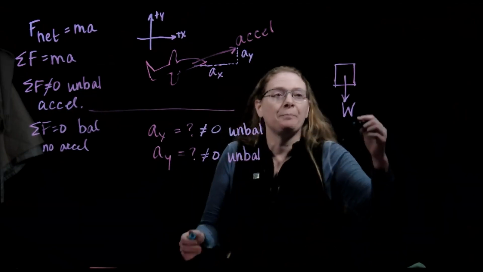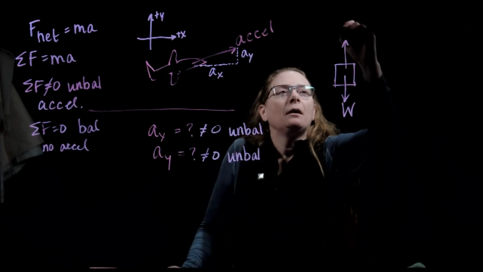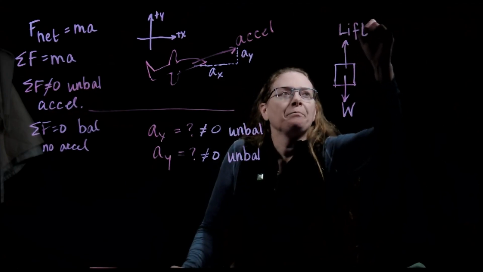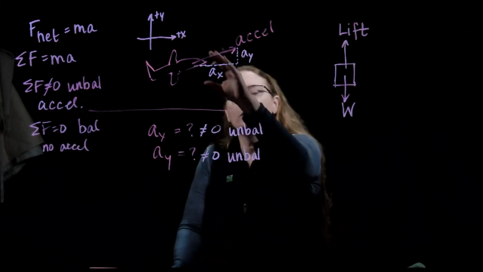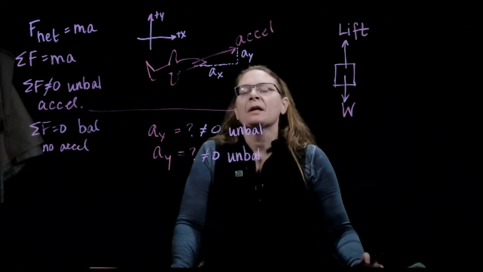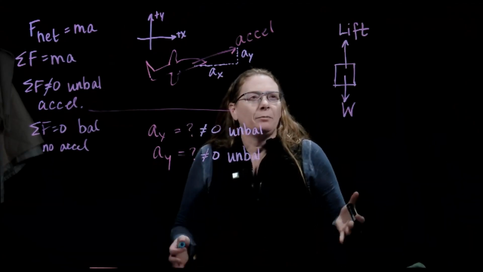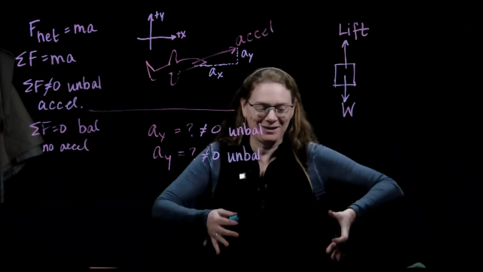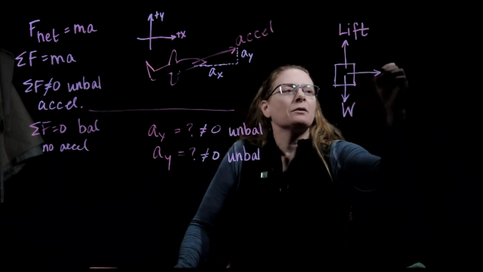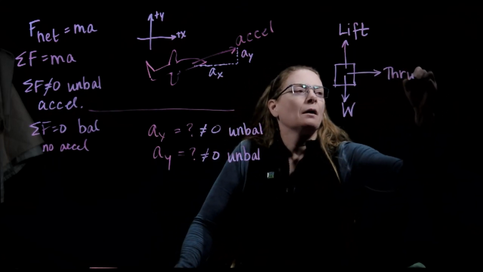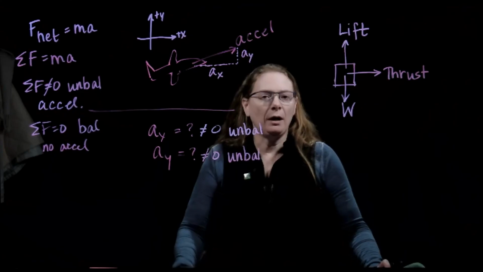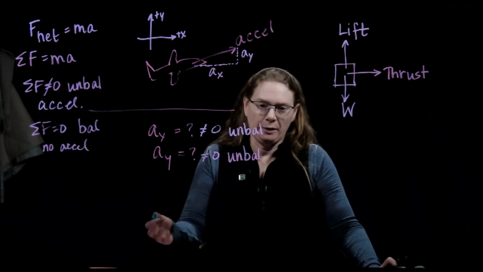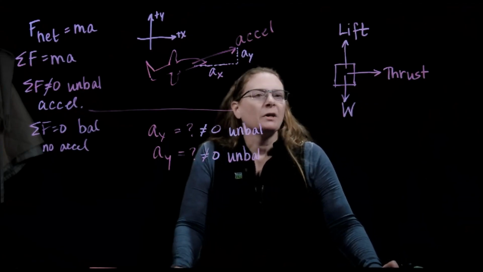There's a lift force from the air going over the wings, the shape of the wings. That's keeping the plane going in this direction. We've got the thrust of a jet, propeller, whatever type of plane you're thinking about.